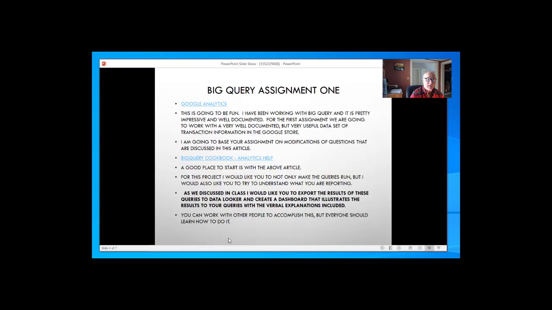And here's your assignment. Remember, I want you to put this onto a dashboard. So if you use your Data Looker Studio, now you can make those dashboard entries as interesting or not as interesting as you want. Some of the questions that you have for this assignment are basically tell me how many of something. Tell me something about the number of these compared to the number of these.